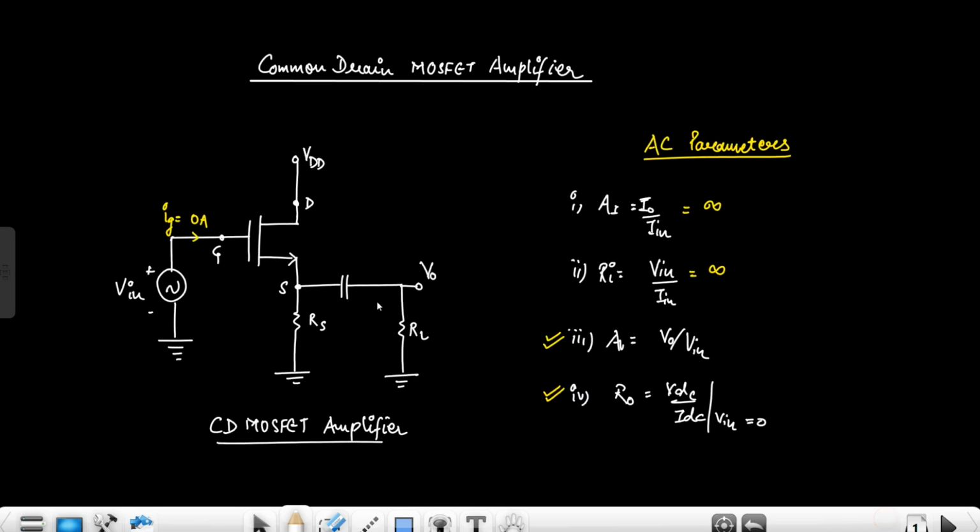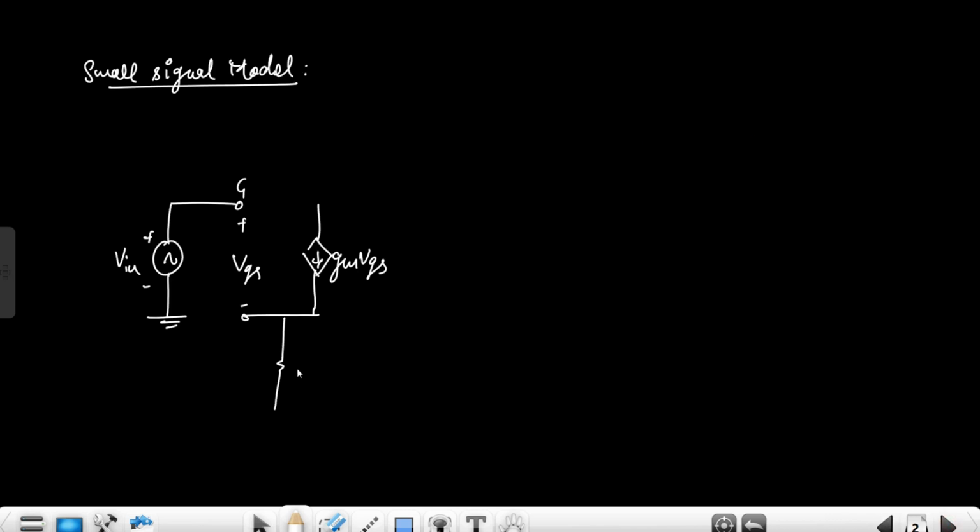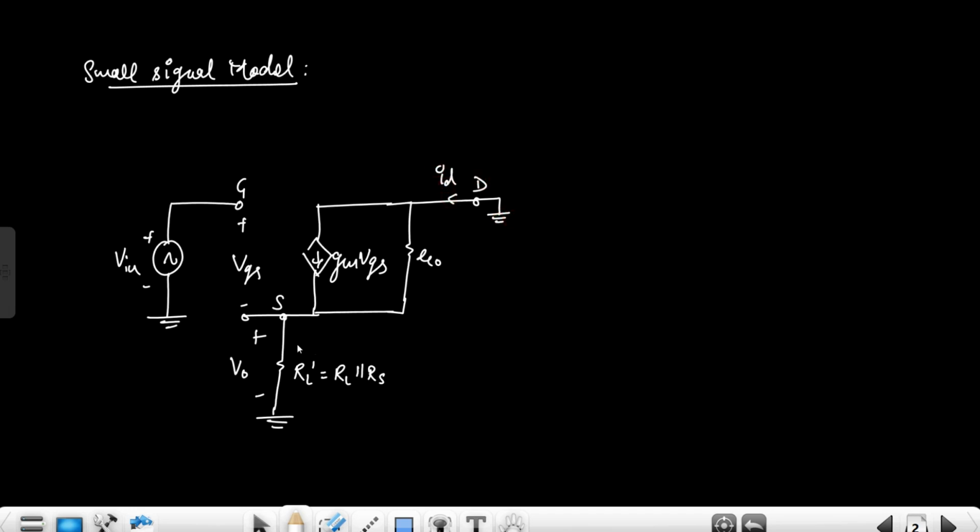Now, when the capacitor is short circuited, both these resistors will be in parallel. So the equivalent load resistance will be the parallel combination of RL and the source resistance, right? And the voltage is taken across it. This is the source terminal. This green terminal is grounded, and here also the drain current is flowing.